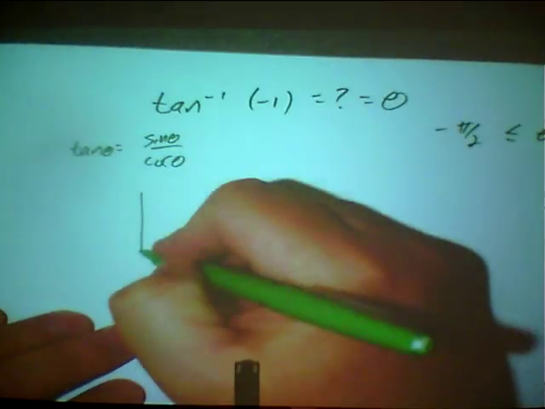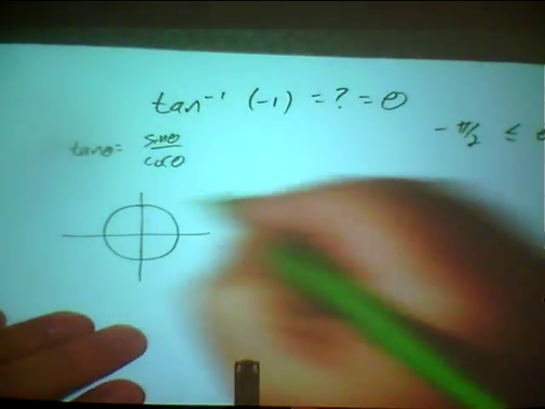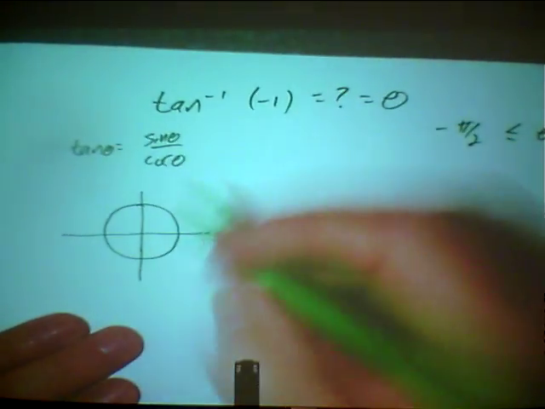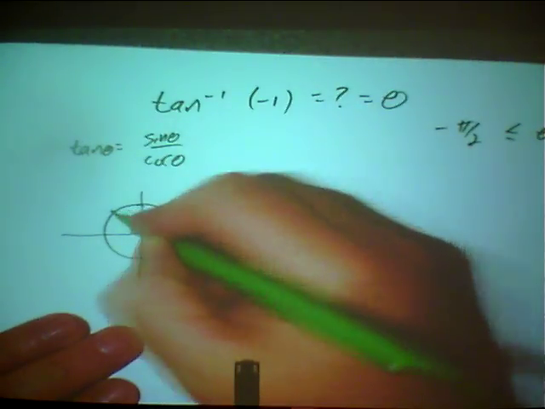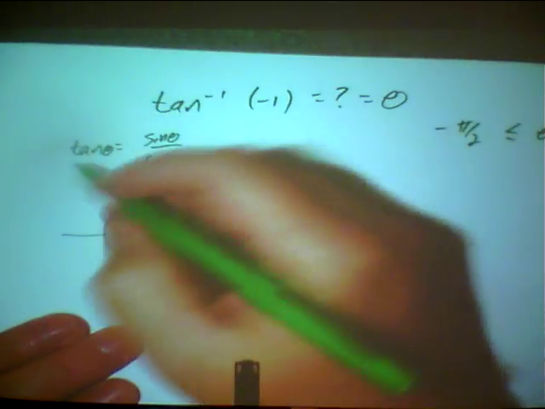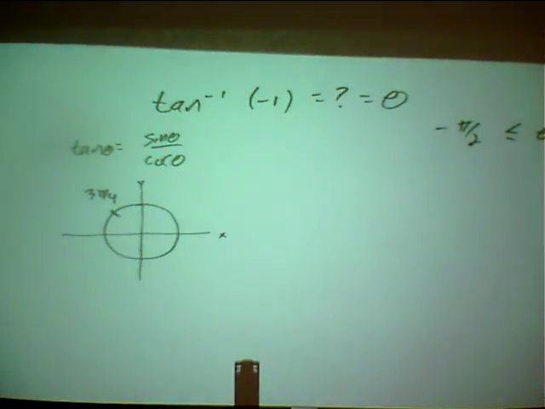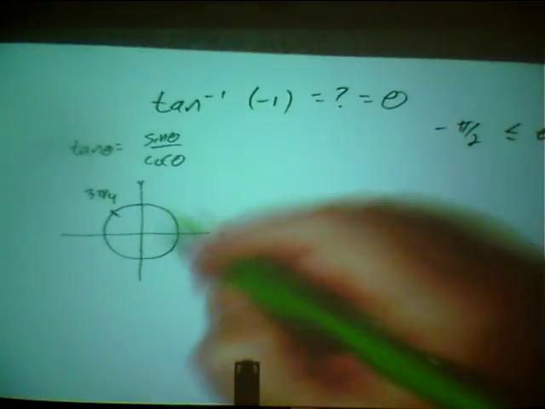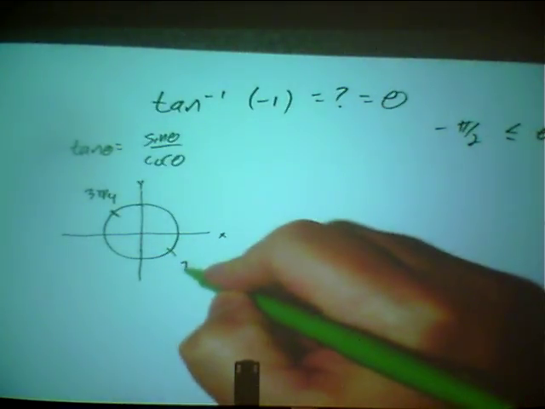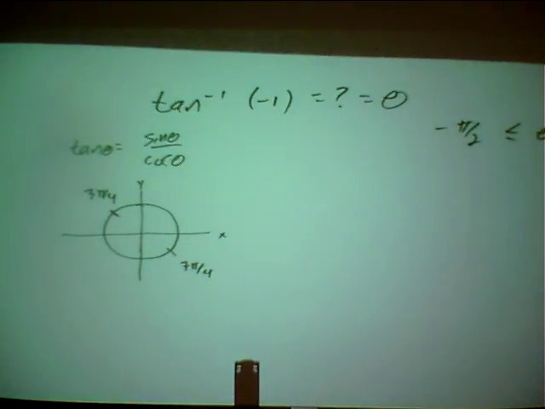And if you remember, this case would actually be over here at 3 pi over 4. In other words, the tangent of 3 pi over 4 is -1. And then also, the tangent of 7 pi over 4 is -1.